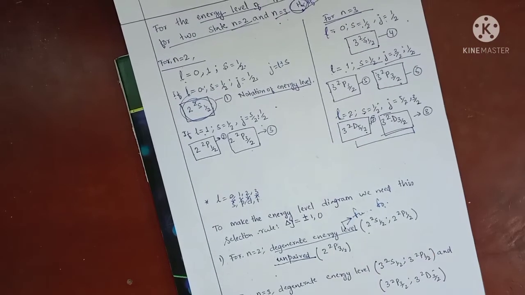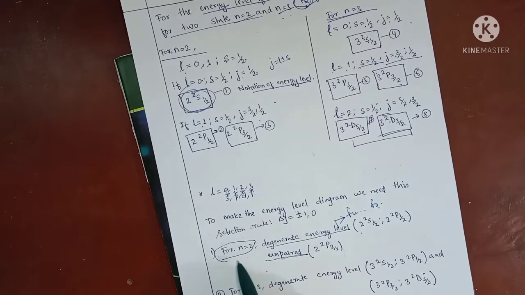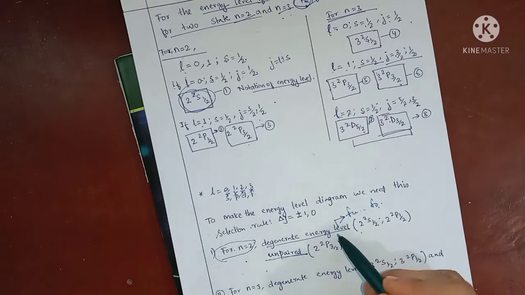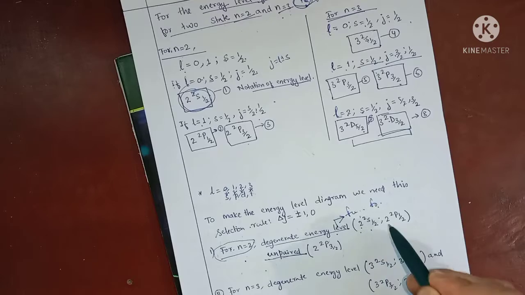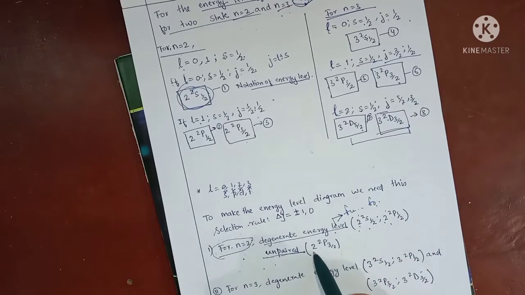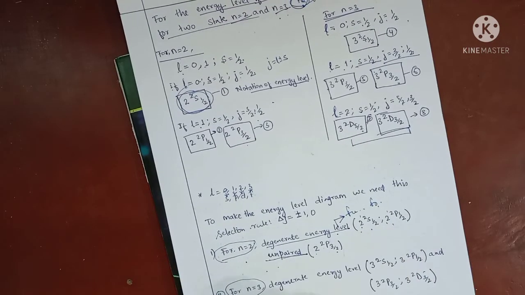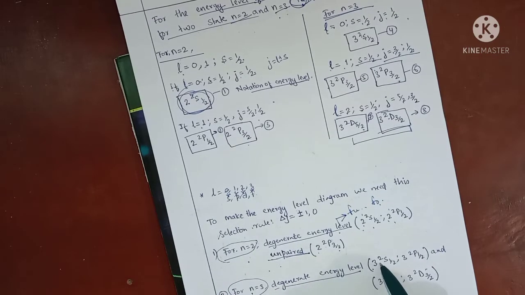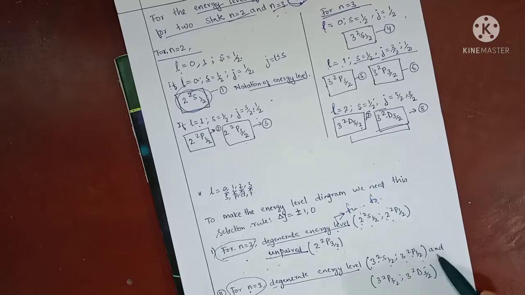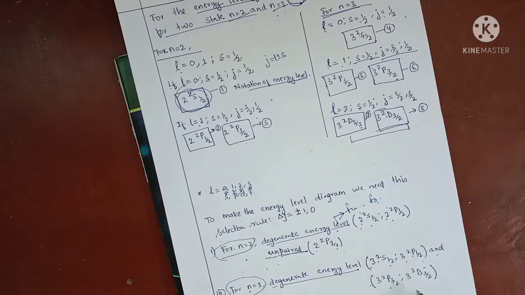For energy state n equals 2, the degenerate energy levels are 2s half and 2p half, and the unpaired one is 2p 3 by 2. For the state n equals 3, the degenerate energy levels are 3s half, 3p half, 3p 3 by 2 and 3d 3 by 2.